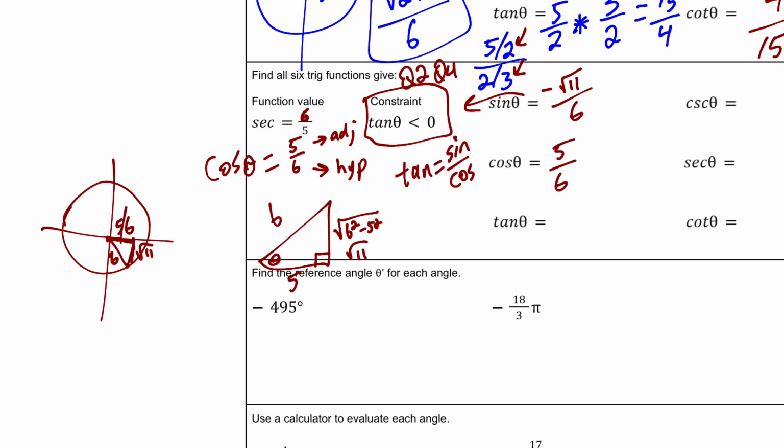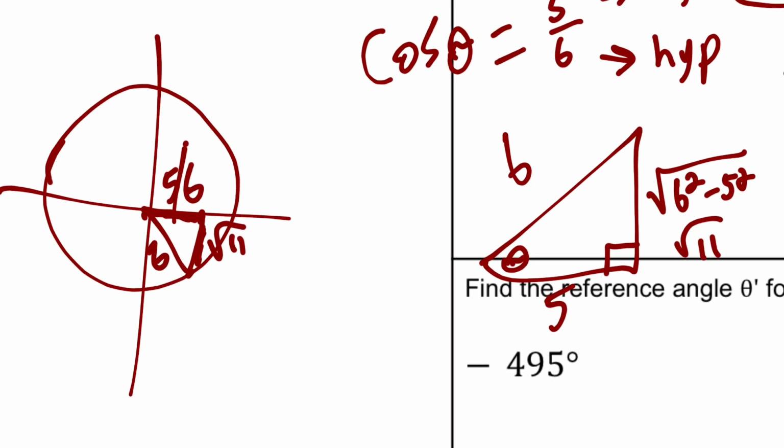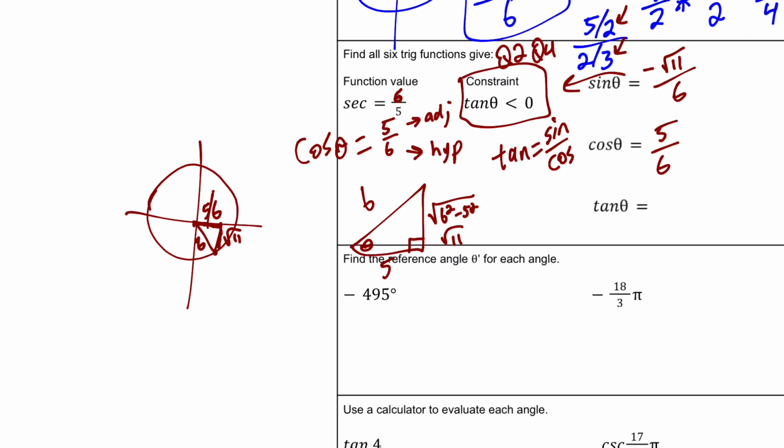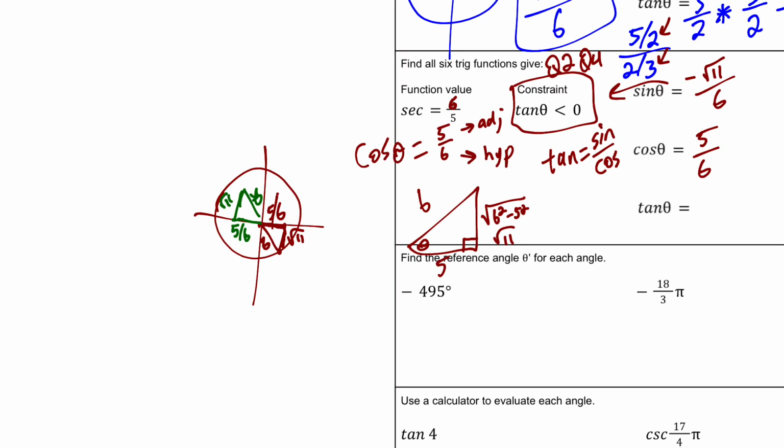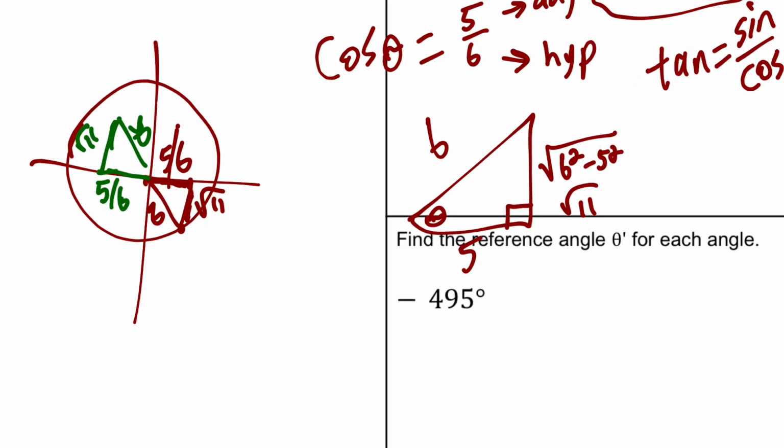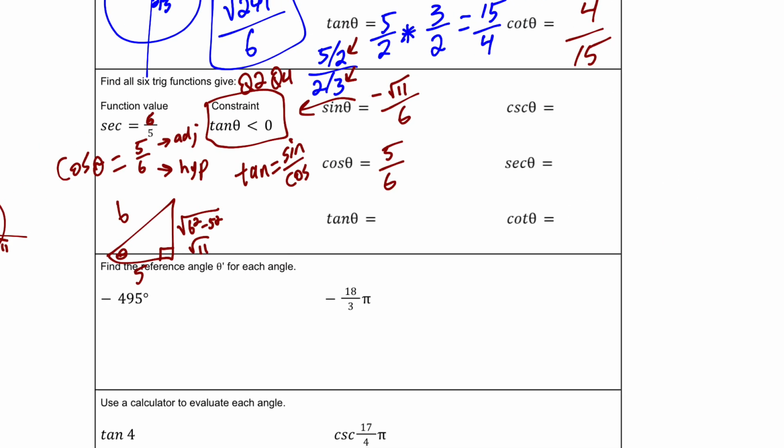So that's 5 over 6, and that tells us why the root 11s are all going to be negative, because I'm over here. It is possible if you made the 5/6 negative this way, and the root 11 positive, you could also end up in this quadrant. Those would be the two situations where tangent could be negative, but I'm sticking here with the root 11 being negative, just how I'm doing it.